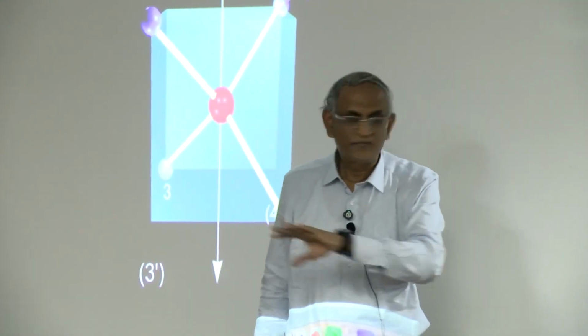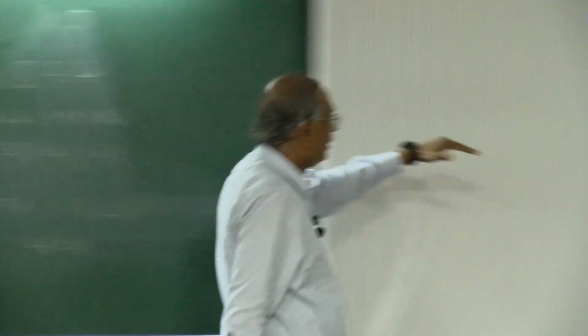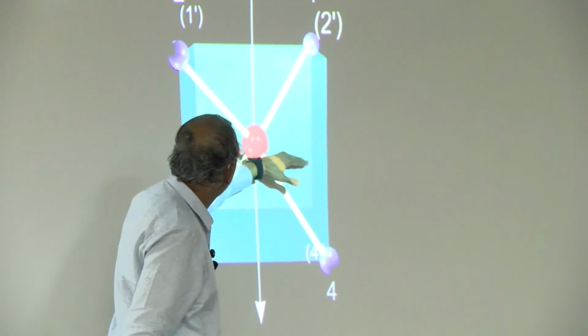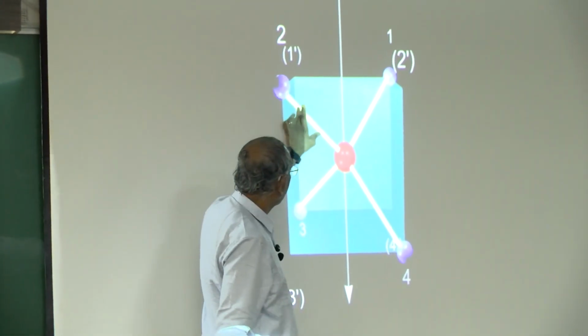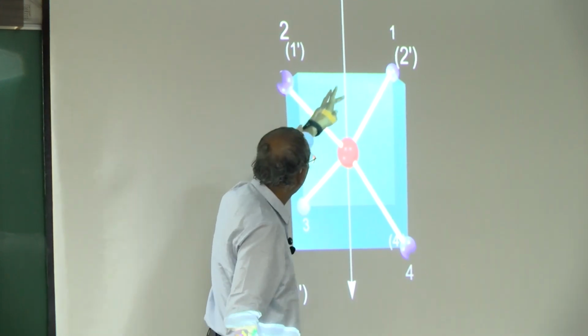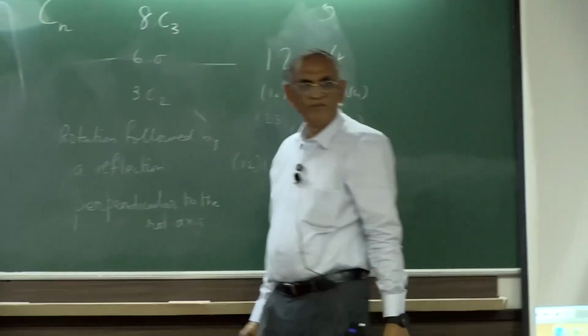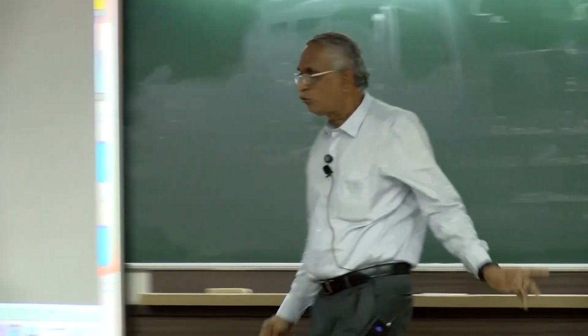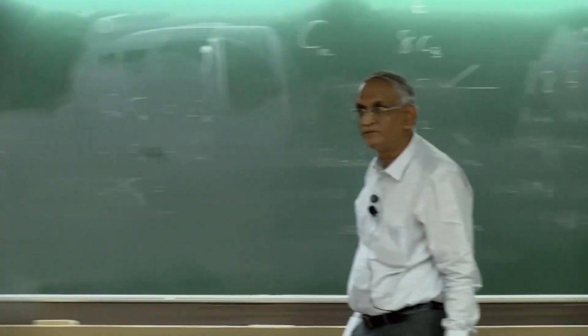This molecule doesn't have a sigma h, there is no plane perpendicular like this. You can see that the plane is the one that contains any of the two bonds. It's already there.